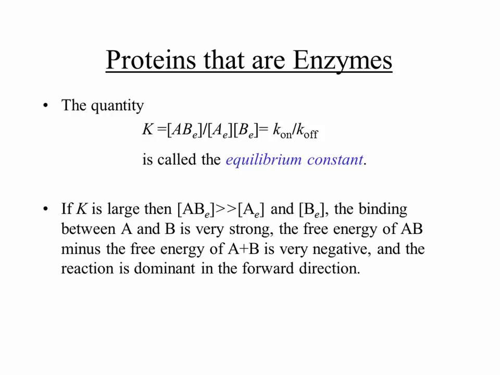What I'm talking about is that the equilibrium concentration of AB will be much larger than the equilibrium concentration of A and the equilibrium concentration of B. So AB will have much higher concentration than either A or B, which means that the reaction is proceeding from left to right. Okay, yeah. So eventually it should also go backwards, right?